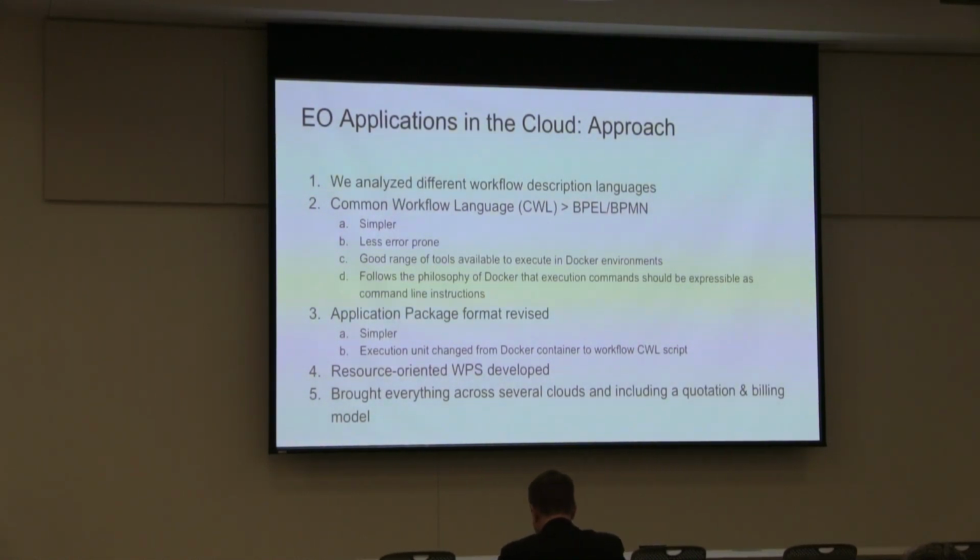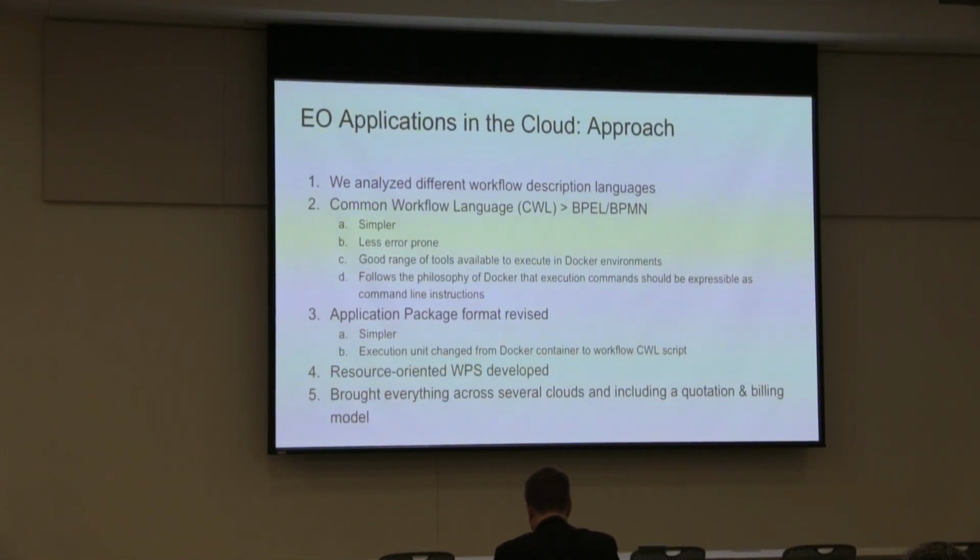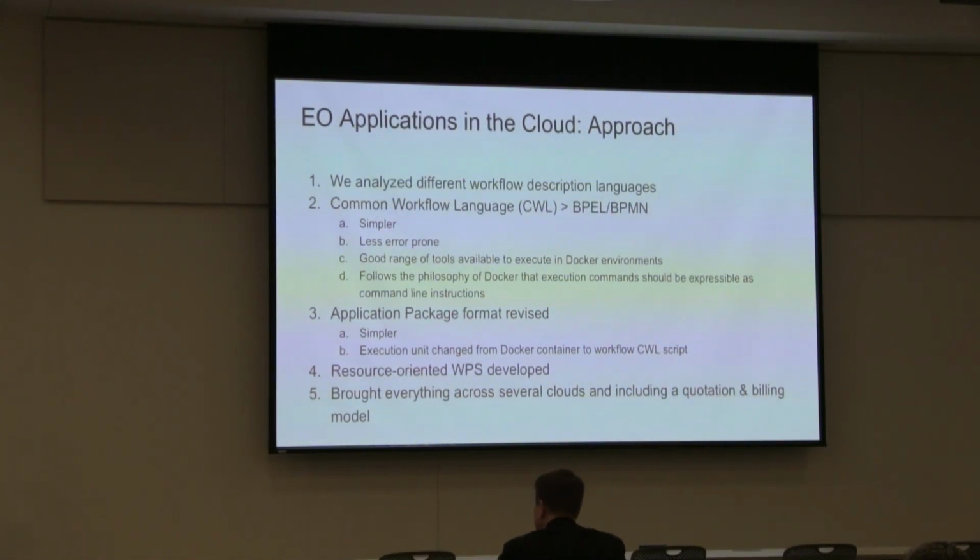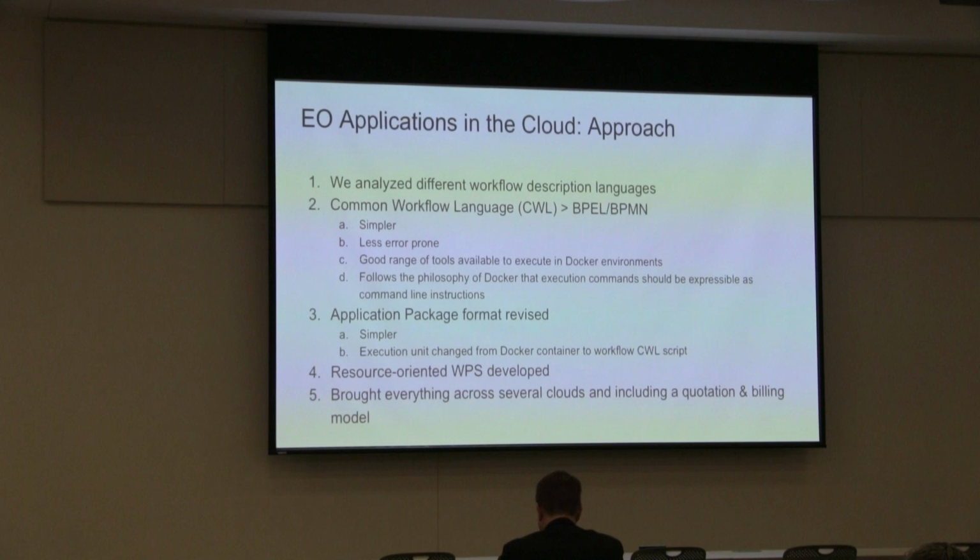And second, we also had, for the first time, I think, in any of OGC initiatives, information about, for example, a quotation or a billing model that allows commercialization of Earth observation apps. Right, so if you're going to run a workflow, then somehow you get information about how much it is going to cost.